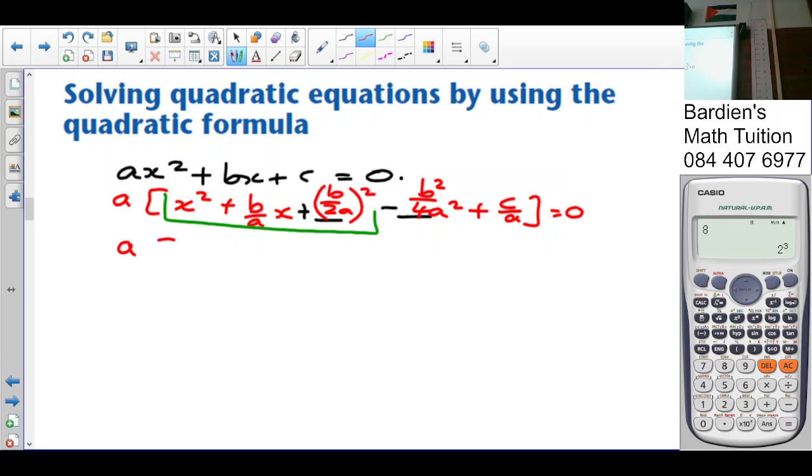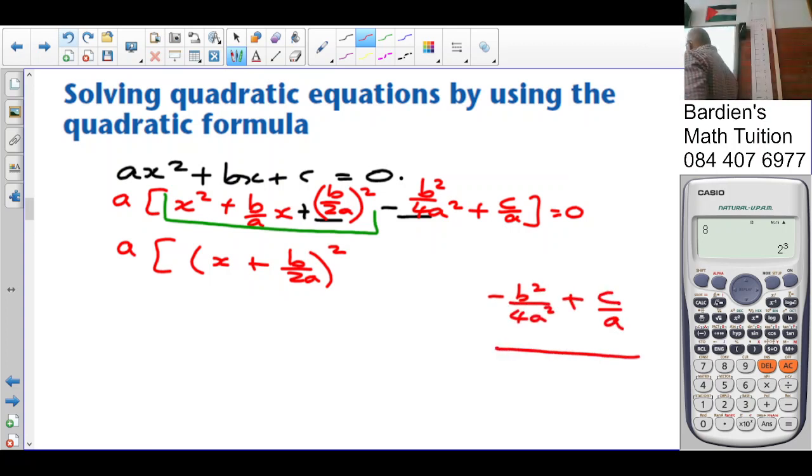So we get a into x plus b over 2a, all squared. Now this part here, I'm going to do on the side. That can be written as minus b squared over 4a squared plus c over a. What's your LCM here? 4a squared. So this here must be multiplied by what? 1. So that's going to give you negative b squared. And then multiply this by 4a.